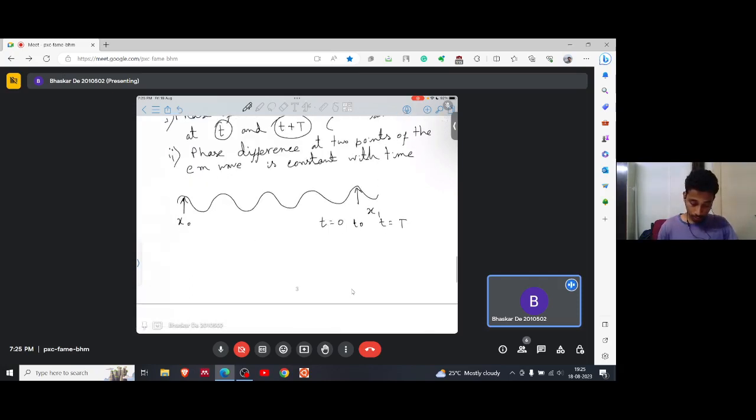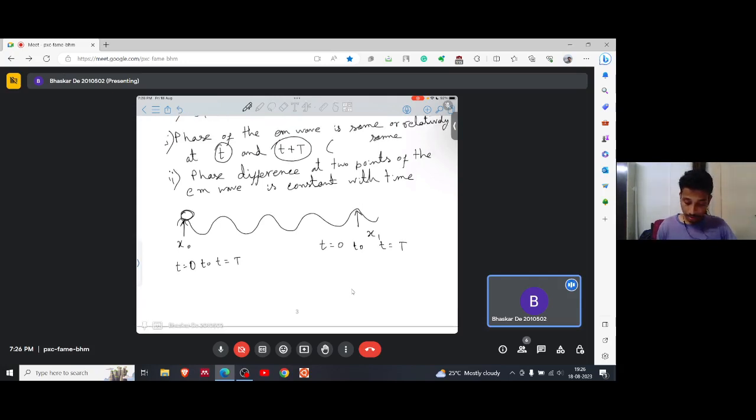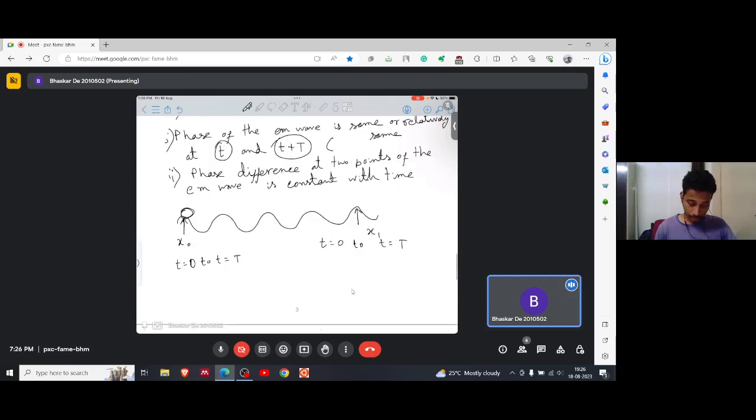And the temporal coherence is that the phase here is constant throughout the time t equal to 0 to t equal to T. So for spatial coherence the phase difference needs to be constant, but for temporal coherence the phase should be constant over time.